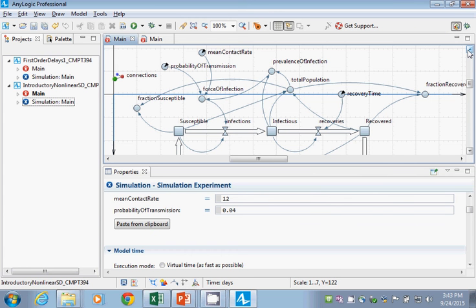If there are no susceptibles, how many infections will there be? 0. As a result, we have no infections going on if either this is 0 or this is 0. Okay? So we have here this key formula.